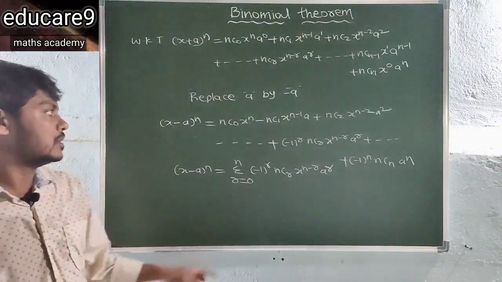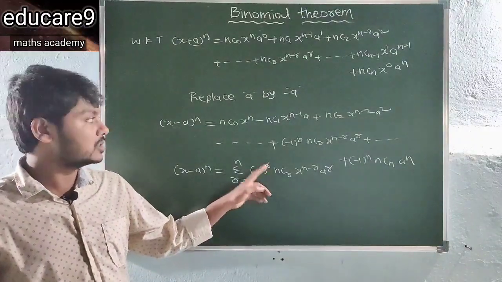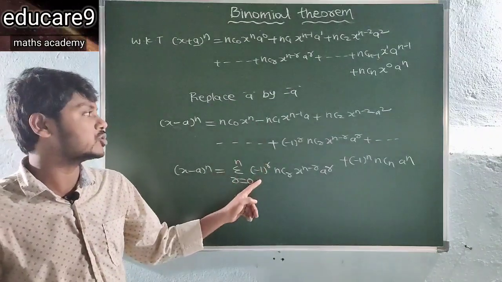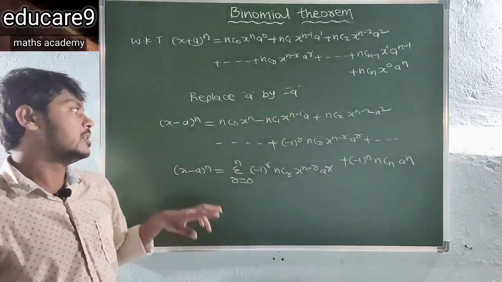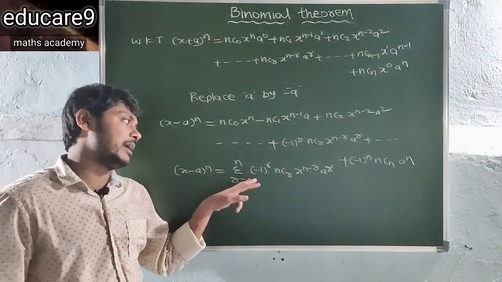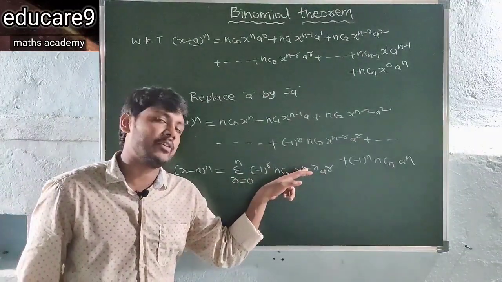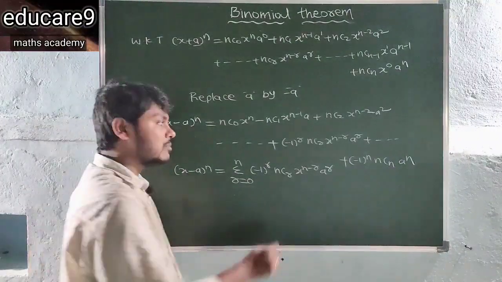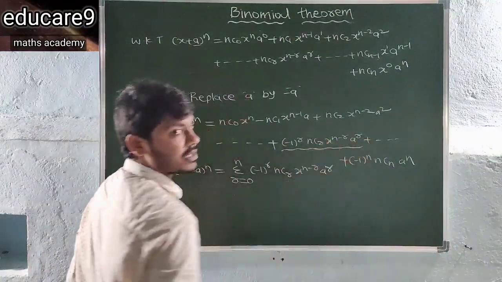Okay. So here if r equals 0 you will get this term. If r equals 1 you will get minus. If r equals 2 you will get plus. Okay, no? So therefore this expansion is also written as summation r equals 0 to n (minus 1)^r nCr x^(n-r) a^r. So what is the (r+1)th term? Clearly this is the (r+1)th term.